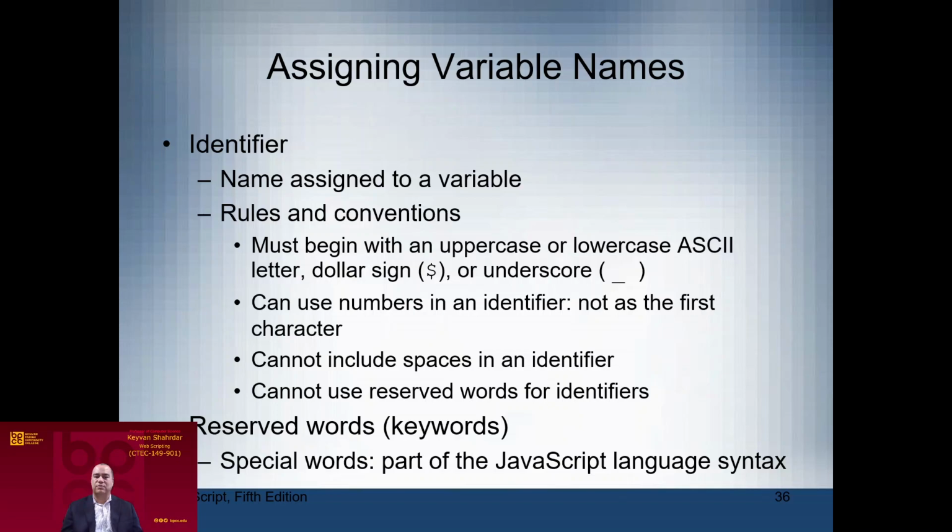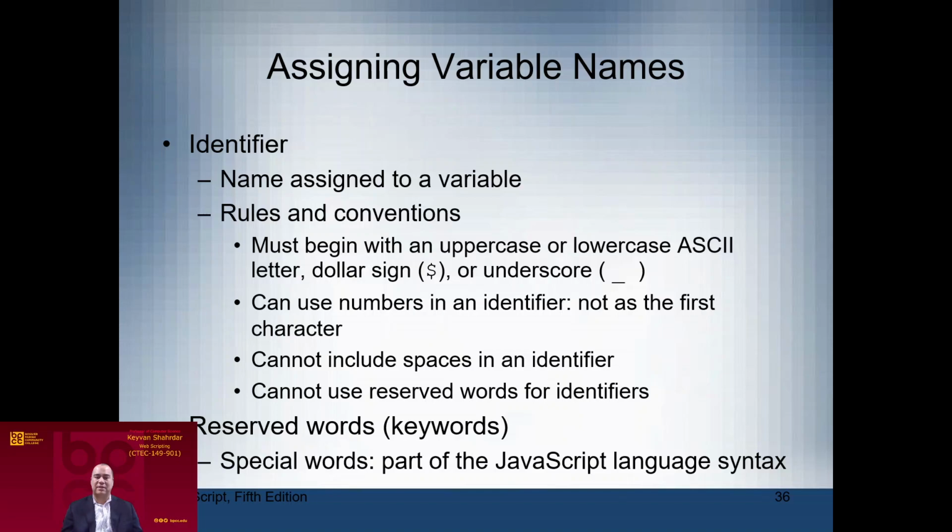Rules and conventions: it must begin with an uppercase or lowercase ASCII letter, $, or underscore. ASCII is a standard that we use in the computer world for typing, but we could get into that some other time. You can use numbers in an identifier, but not as the first character.